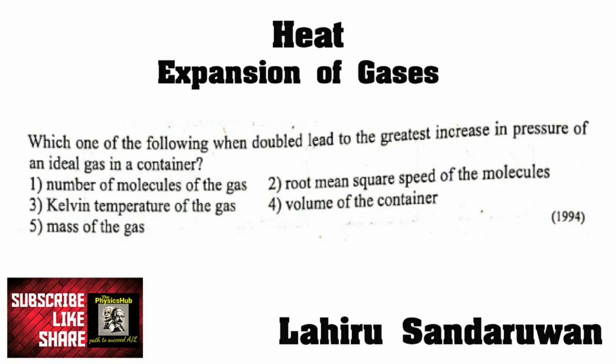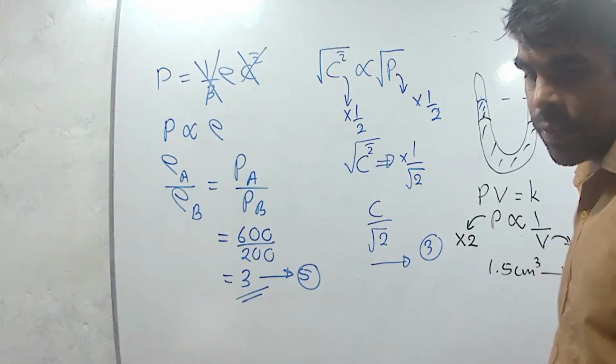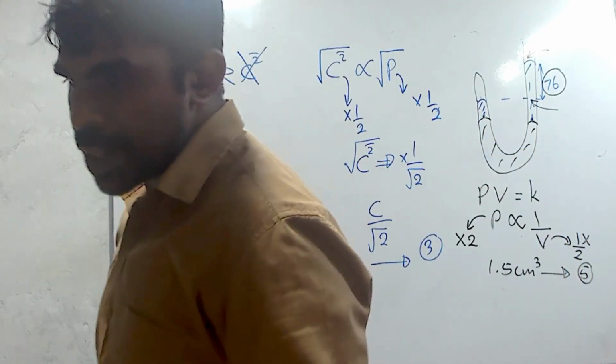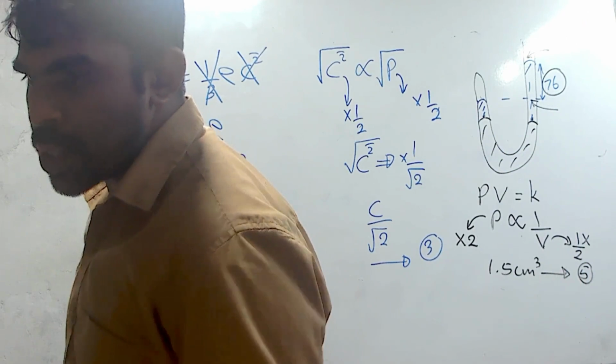Which one of the following, when doubled, leads to the greatest increase in pressure of an ideal gas in a container? They have given 5 answers. First one is number of molecules of the gas.